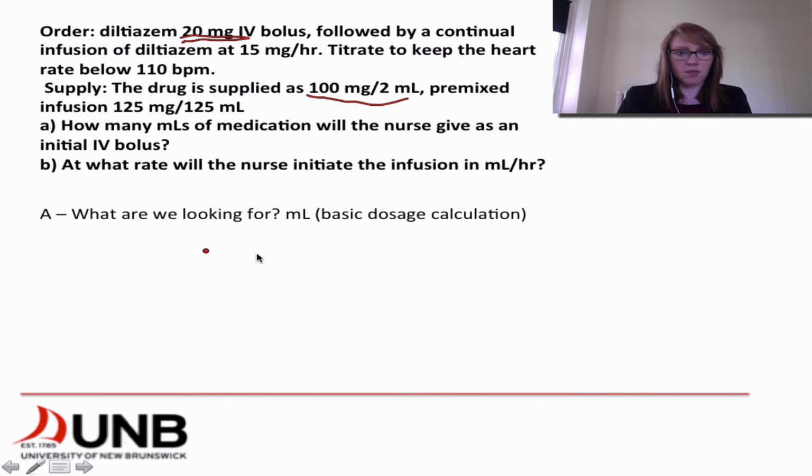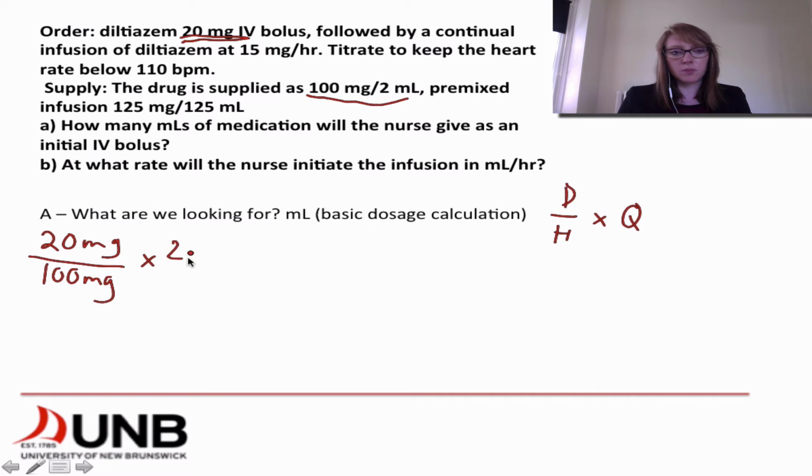We can do our D over H times Q. So we are looking for 20 milligrams over what we have, so we have 100 milligrams in 2 mL. And if we do our med math here, we know that we're going to be drawing up 0.4 mL to give our 20 milligram IV bolus.